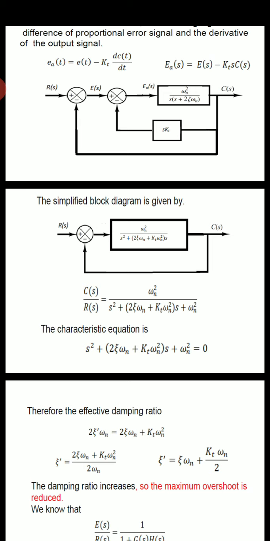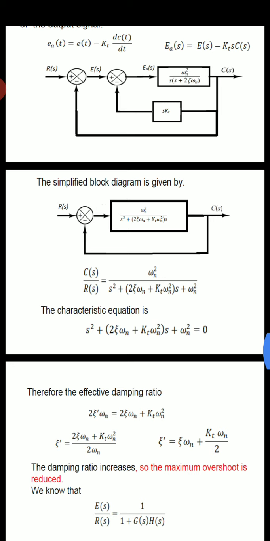Now we will write the transfer function C(s) divided by R(s) is equal to G(s) divided by 1 plus G(s) into H(s). H(s) value is 1.